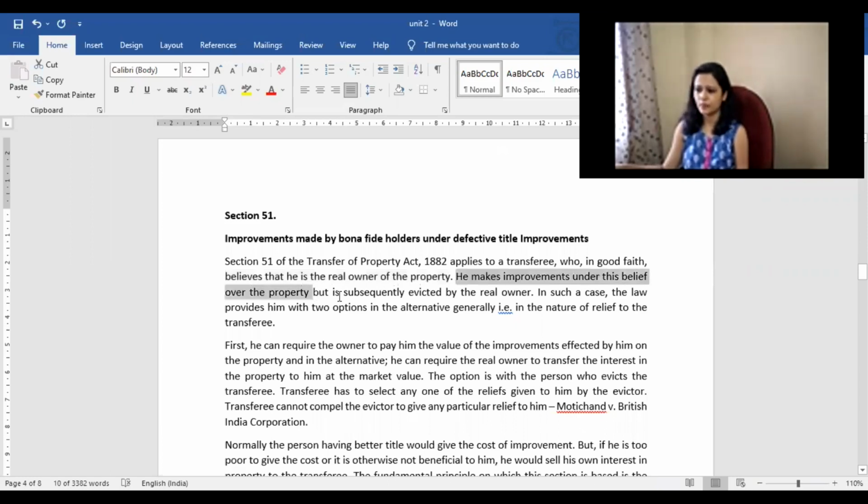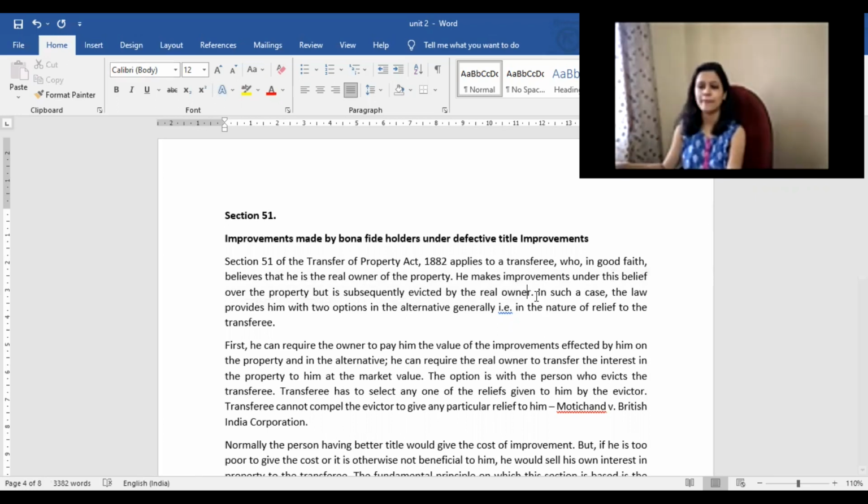Improvements in the property, but subsequently I was evicted by the real owner. After making some improvements, the real owner came and said, excuse me, this part belongs to me, so you go away. In that case, what will happen to this improvement which I did in good faith, with bona fide intention?